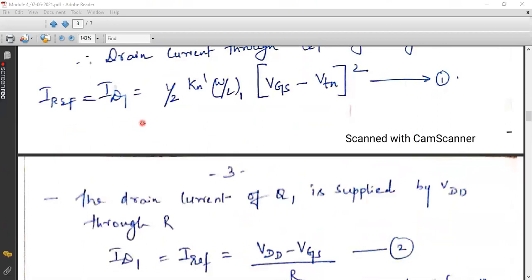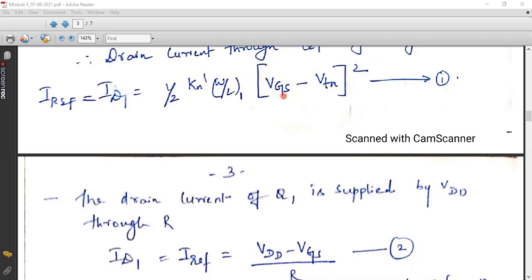So accordingly, I am writing the equation based upon our saturation equation. You know that from module 1 we have learned two equations, one for saturation and one for the triode region. Since Q1 is maintained in the saturation region, I will go with this equation, that is half Kn dash W by L to the base 1, for the Q1 transistor, into VGS minus VTN the whole square, where VTN is the threshold voltage of the N MOSFET.